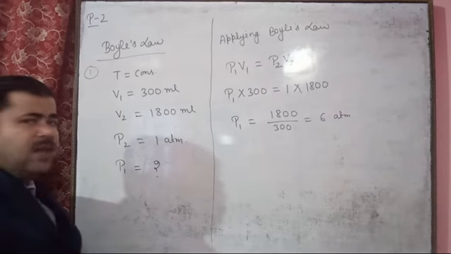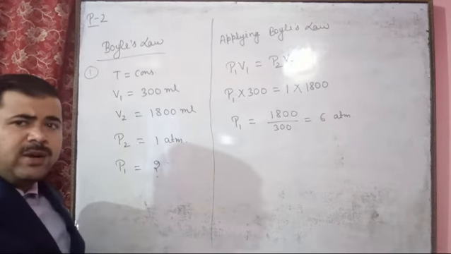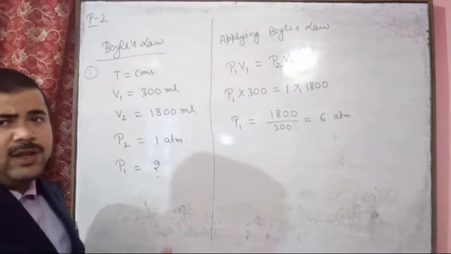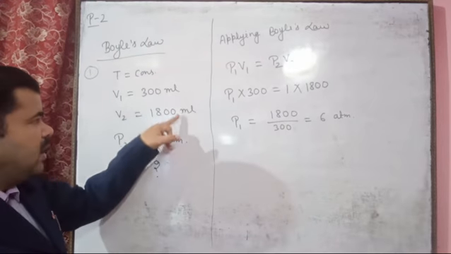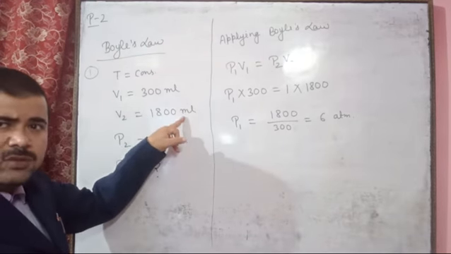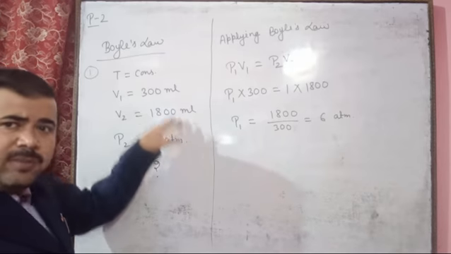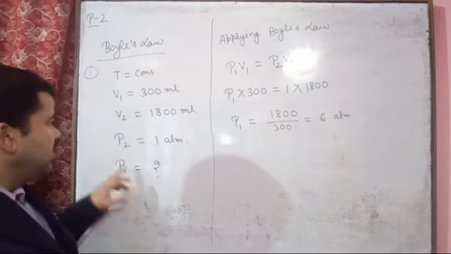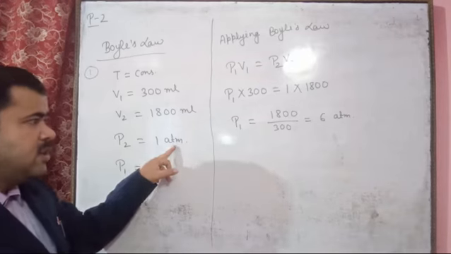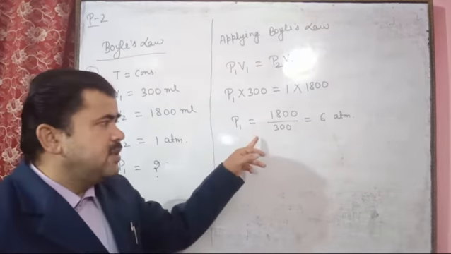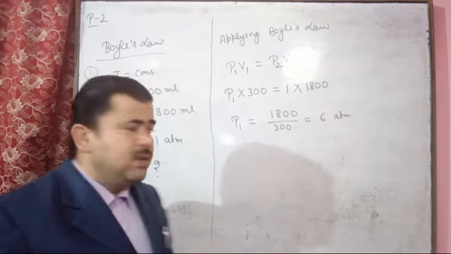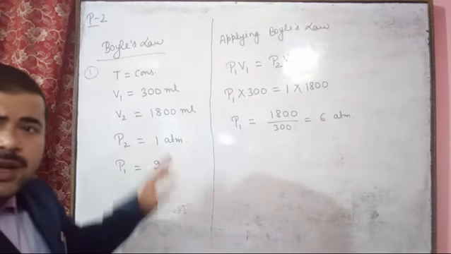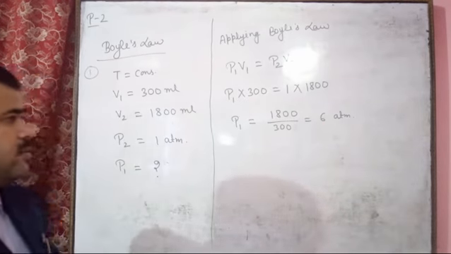Same units for initial and final conditions you have to take. Do not take different units. Here the pressure is in atmosphere, so the initial pressure answer will come in atmosphere because the final pressure is given in atmosphere.